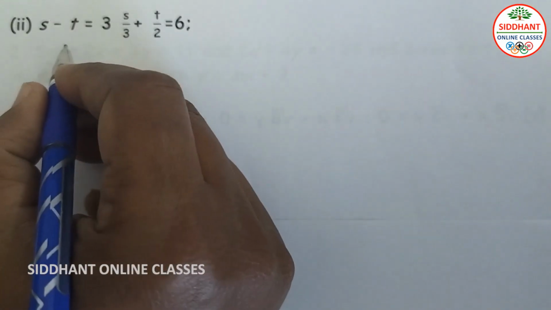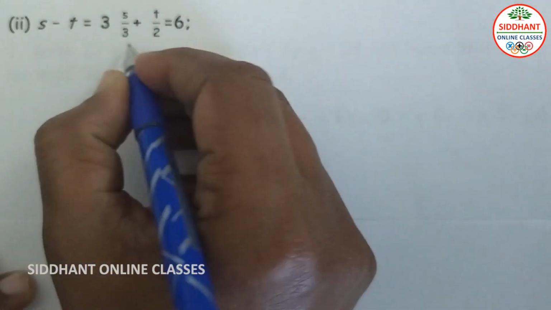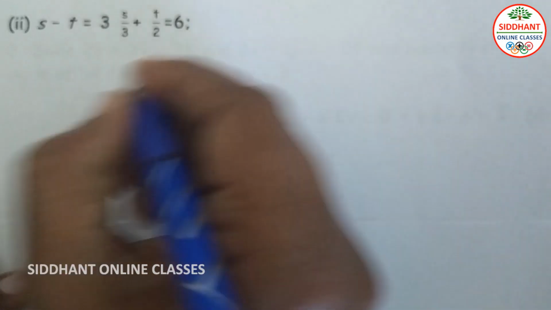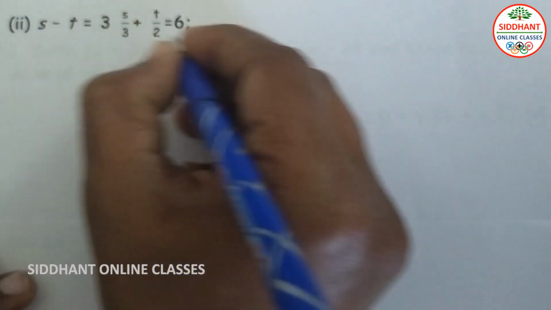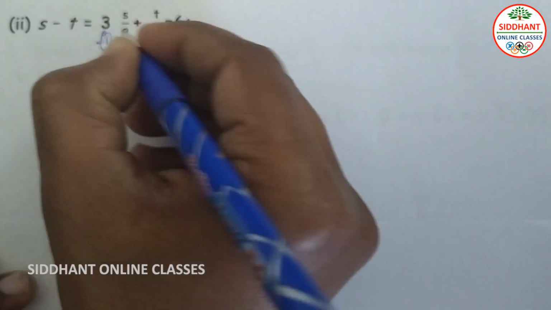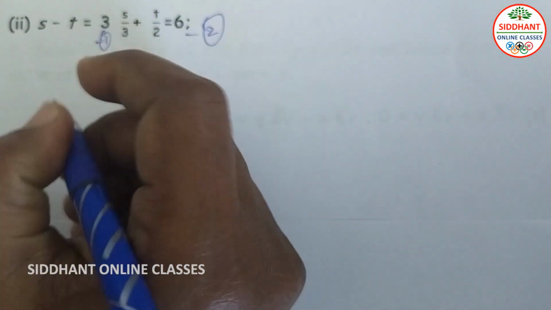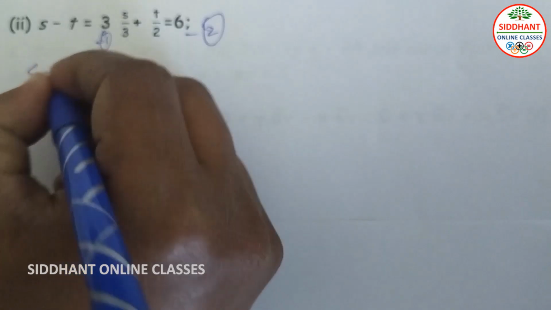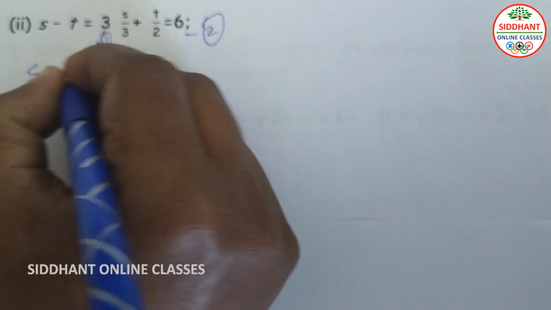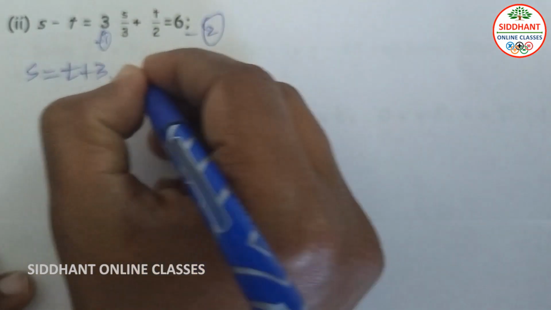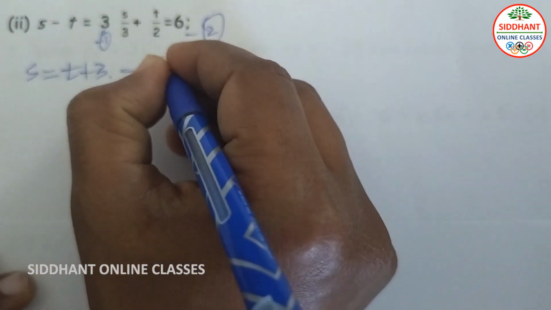Second one, s minus t equal to 3 and s by 3 plus t by 2 equal to 6. So this is first equation, this is second equation. s minus t equal to 3, that means s equal to t plus 3. So this is the s value.